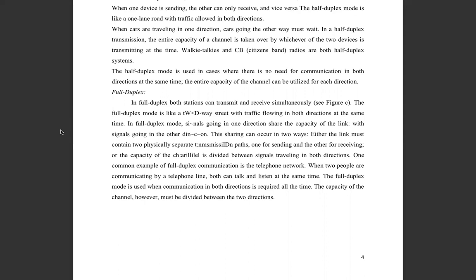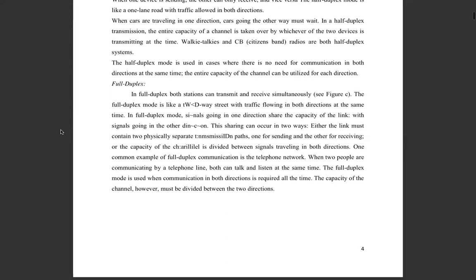Both can send and receive. I can call someone, the person asks, how are you? I'm fine. Or even if there is an argument, the person will be talking and you'll be talking at the same time, simultaneously. You can send, transmit, and receive at the same time. That's termed as the full duplex mode.